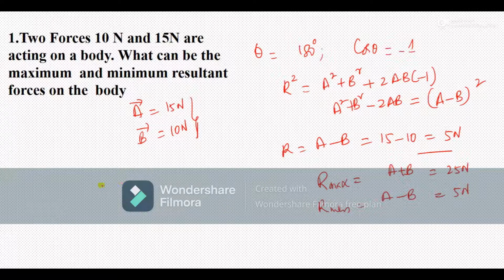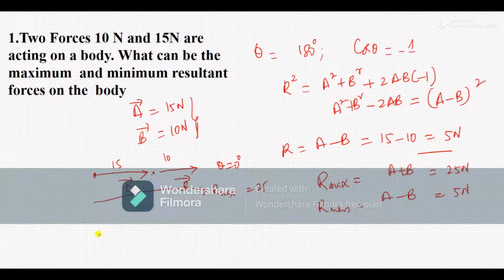Geometrically, R maximum will be when there is vector A like this and one more vector B. This is 15 newtons, this is 10 newtons, they are acting in the same direction, that is theta is equal to 0. Then R maximum means this one, R max is 25.